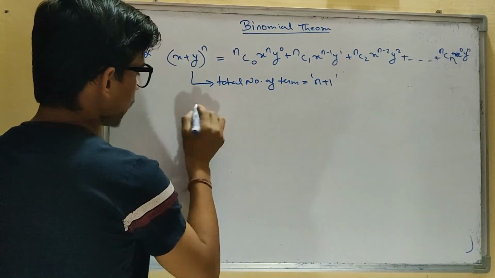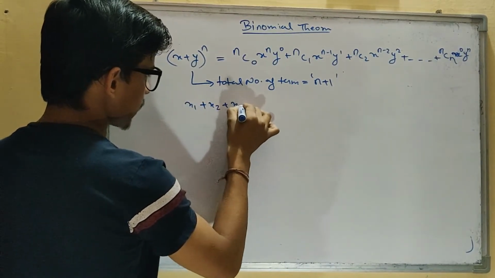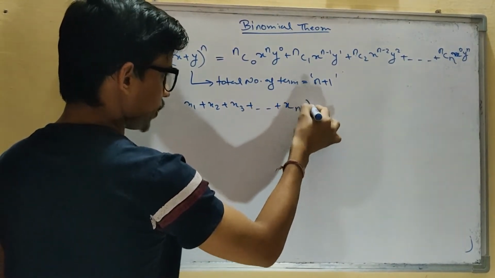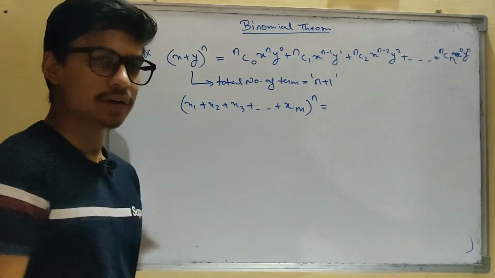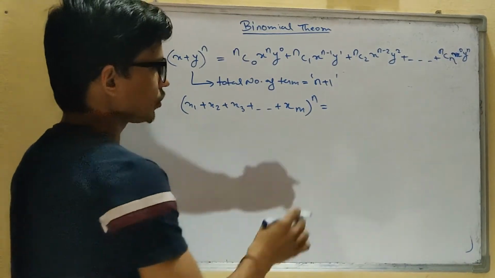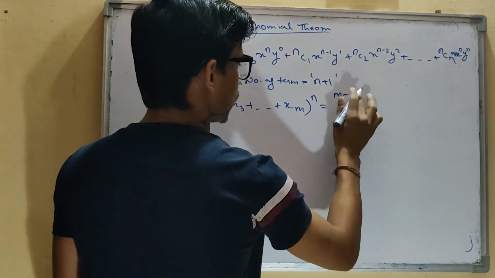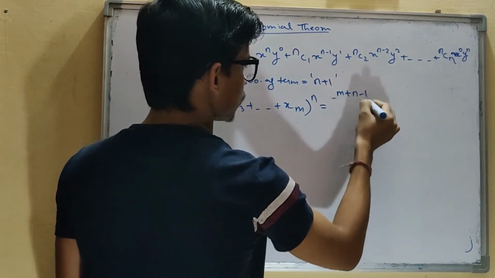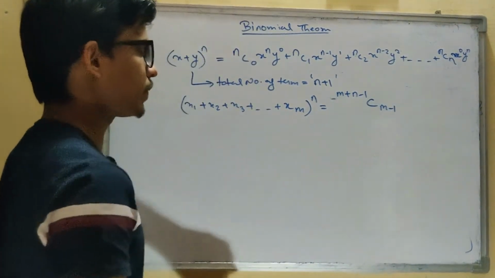Let's say I have some terms x1 plus x2 plus x3 plus and so on, up to xm, to the power n, and I want to find how many terms are there in the expansion of this. The answer will be m plus n minus 1 C m minus 1. Just keep this in your mind.